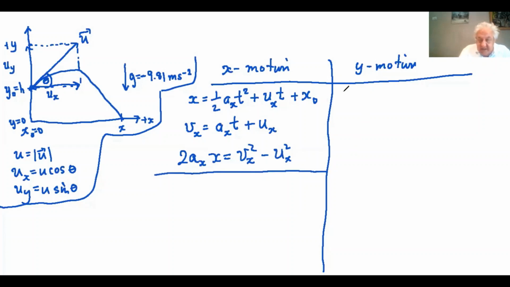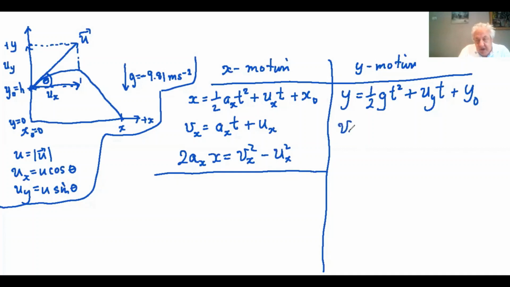Now similarly, I have the same formulae in the y direction, but my acceleration now is g. Plus my initial height, or my initial y position, which is not necessarily zero, but usually some finite number.